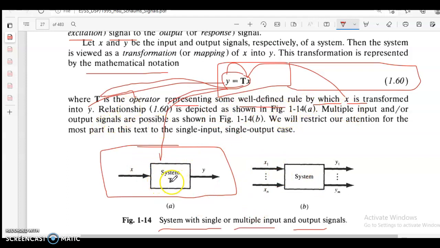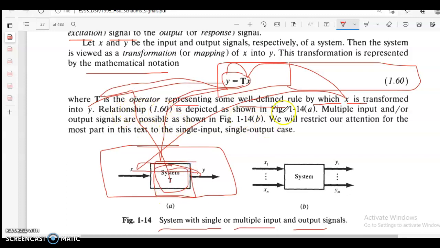T is the operator representing some well-defined rule by which x is transformed into y. This is the system.